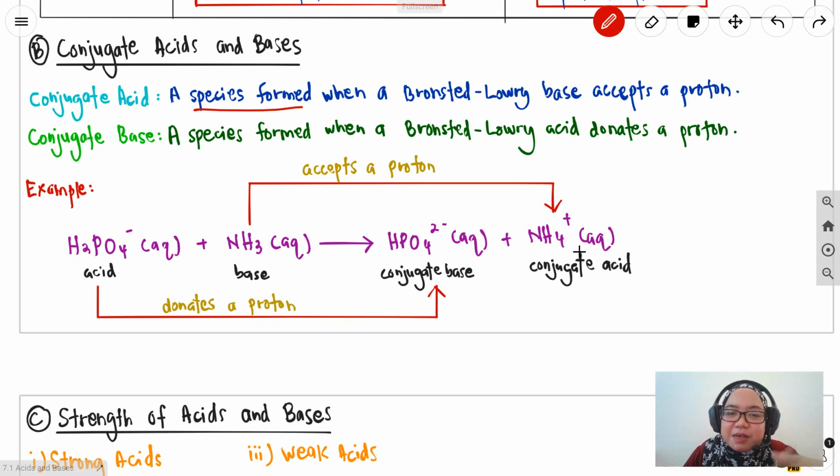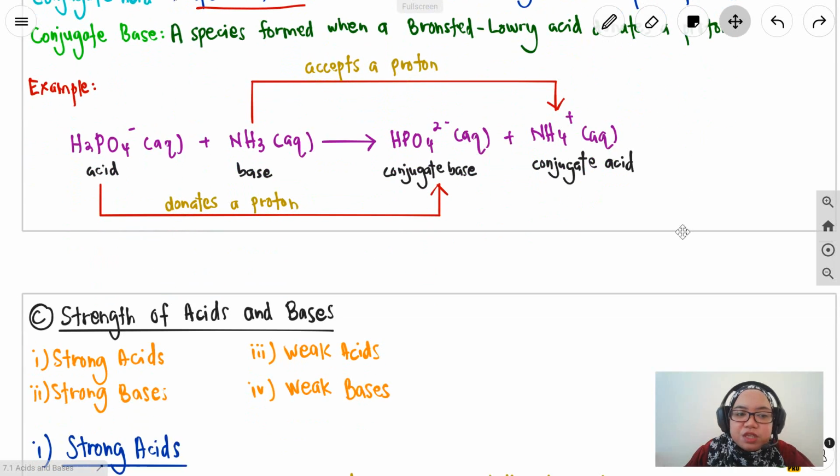It is like the opposite of the base. So when the NH3 base accepts a proton, it forms the conjugate acid NH4 plus. The same goes for H2PO4 minus, the acid. When it donates a proton, it forms a conjugate base, which is HPO4 2 minus. Alright, so that is all for conjugate acids and bases.